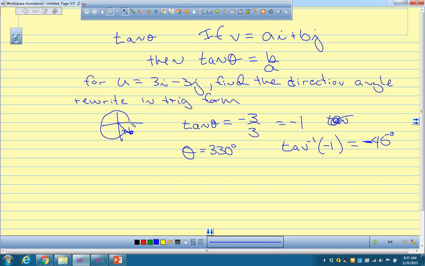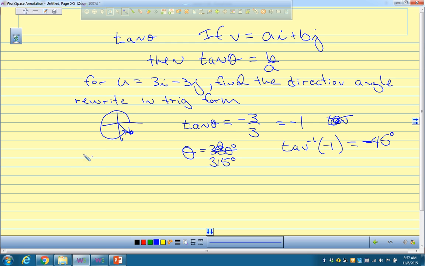So in this case, you have to call it not 330, sorry, 315, right? Positive 315, right? So if I put this in my calculator, I would get this, right? But since the direction angle is a positive rotation around the x-axis, you have to find the place where tangent is equal to -1.